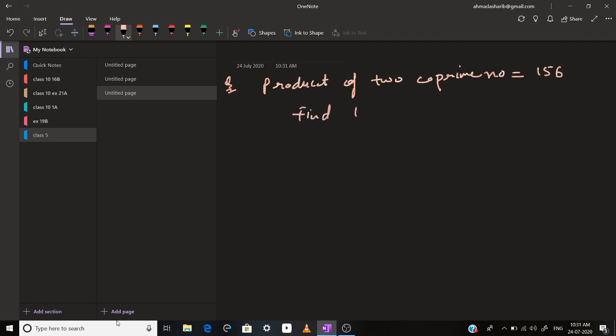Find the LCM. So in this question, HCF is not given. HCF is very important, we should know the HCF before finding the LCM. Okay. So how are we going to do this question?